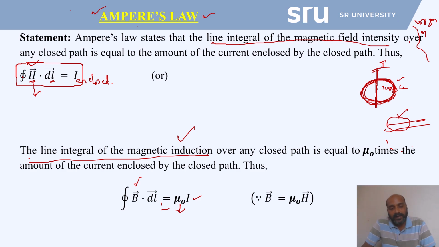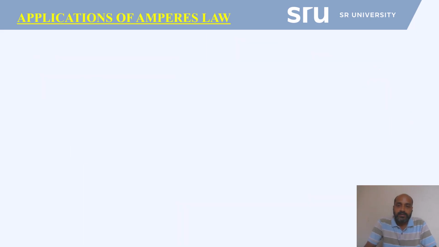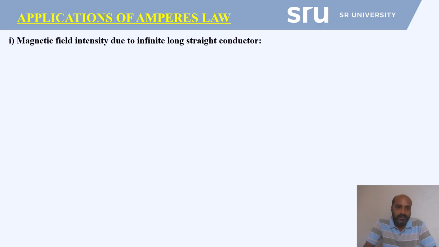So you can write that equation in terms of either magnetic field intensity H or magnetic flux density B. We will see two applications where we apply this Ampere's law to calculate H or B. The first application is to calculate the magnetic field intensity due to an infinitely long straight conductor.